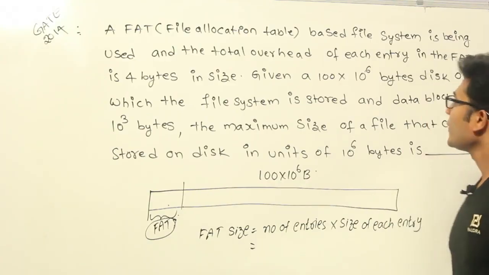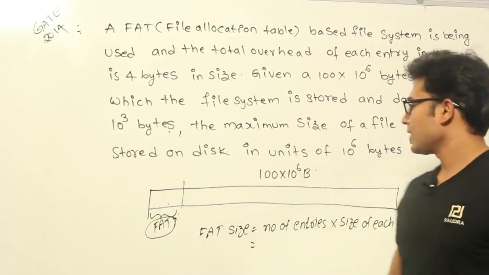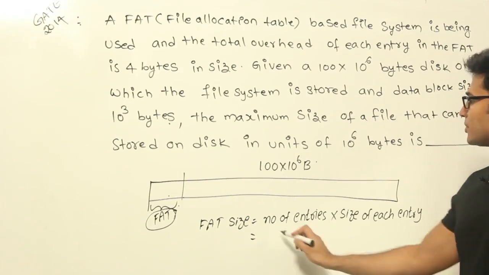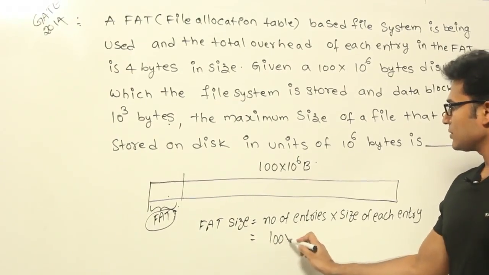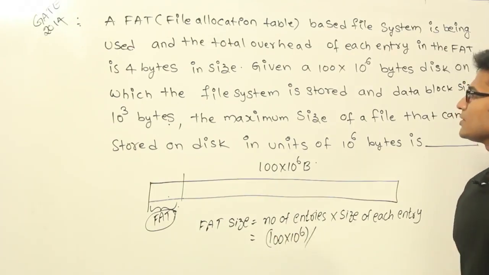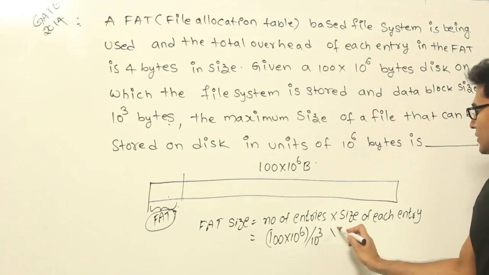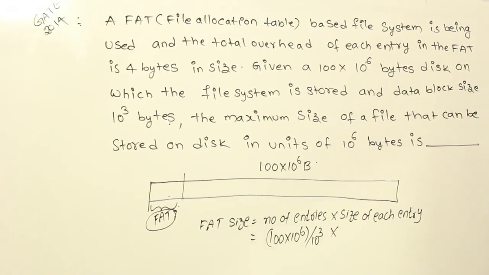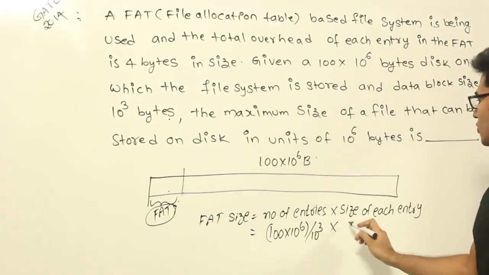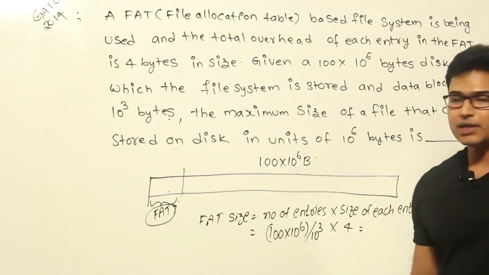If the size of each block is 10 power 3 bytes, then the number of blocks is going to be the total size of the hard disk divided by the size of the block, right? Now what is the size of each entry? The overhead of each entry is given as 4 bytes. So this is the total size which is going to be consumed by the FAT.